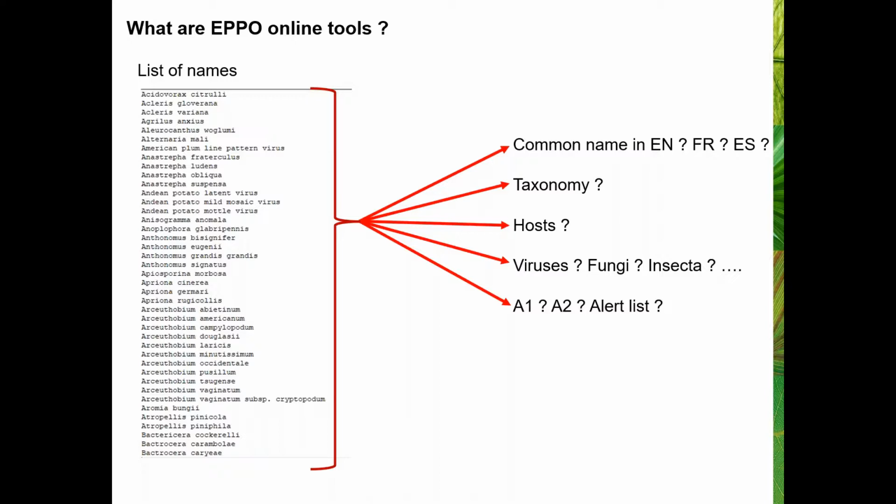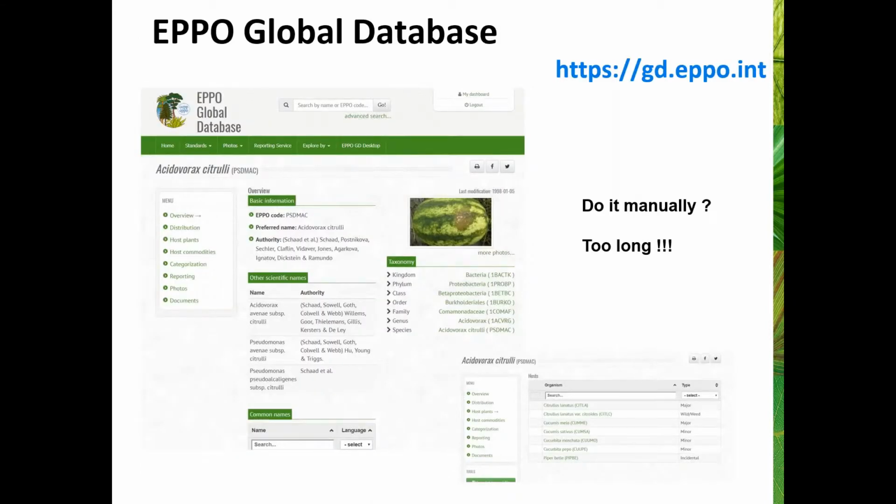An easy option is to use the EPPO Global Database. The EPPO Global Database is the online website where you can search for each name, and you can retrieve this information directly on the web page.